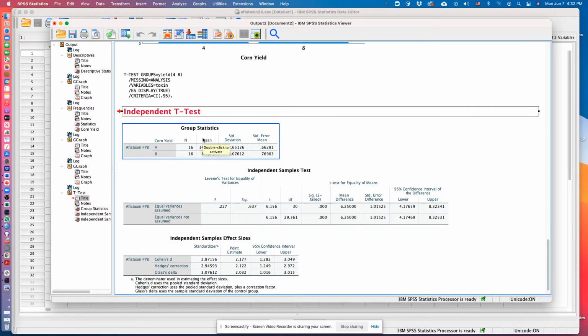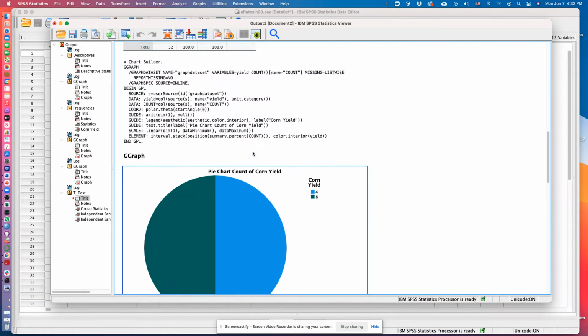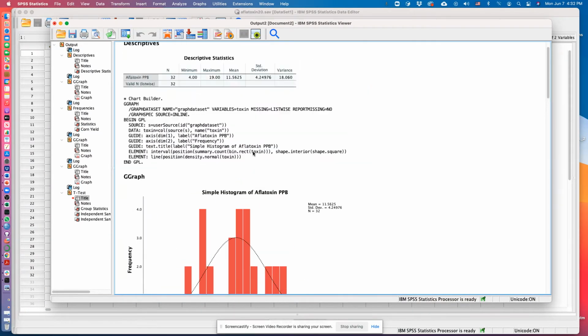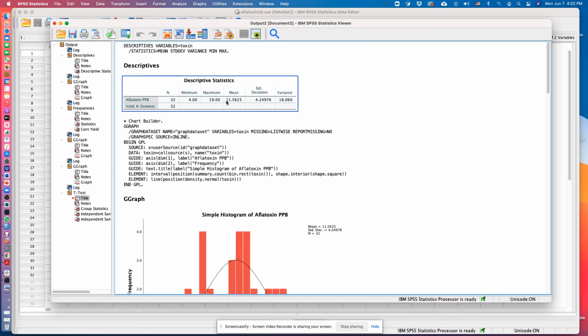You're going to get the group statistics, which is essentially a repeat of the descriptive statistics. So you may not need to do the descriptive statistics separately unless there's something you wanted to look at prior to doing this. But here you have the means now separated by groups. Previously we found the average of the entire data set, and that was this here, everyone together.